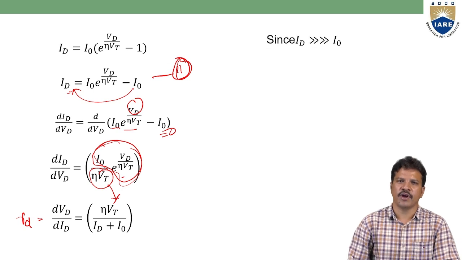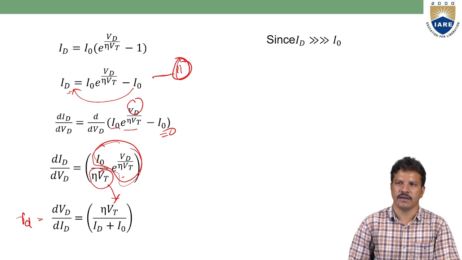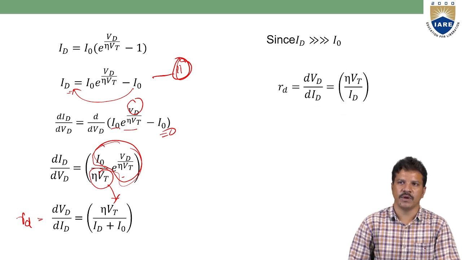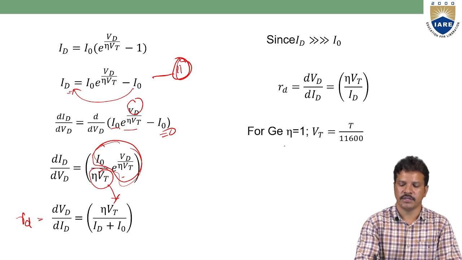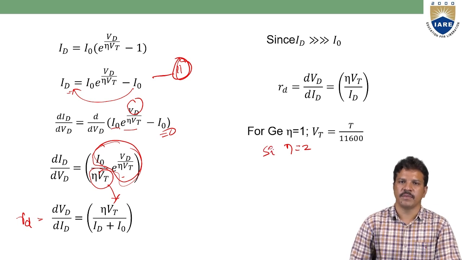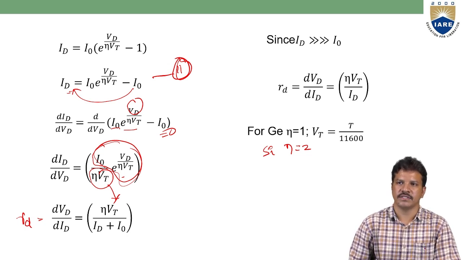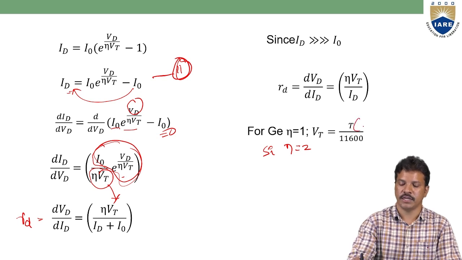Since ID, the forward current in a PN junction diode, is far greater than the reverse bias current I naught, we can neglect I naught, so that the dynamic resistance small rd, which is equal to dVD by dID, is equal to eta VT by ID, where eta is equal to 1 for germanium and eta is equal to 2 for silicon, where VT is nothing but the volt equivalent of temperature, which is equal to the temperature T in degrees Kelvin divided by 11,600.